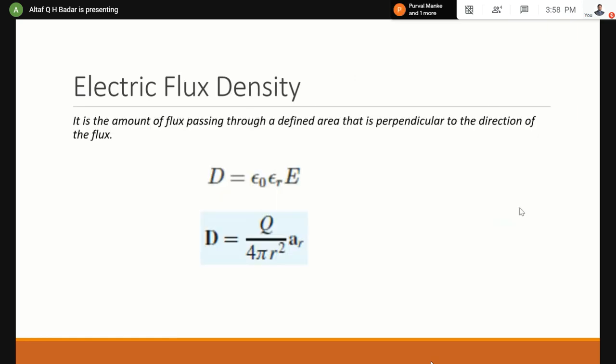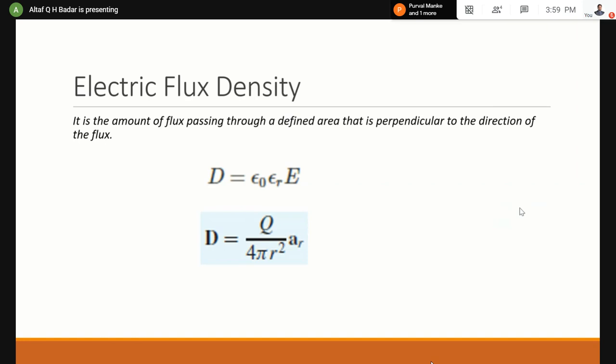And the next topic is electric flux density. Electric flux density is the amount of flux passing through a defined area that is perpendicular to the direction of the flux. Okay? And the formula is given as D equals epsilon naught epsilon R E. If it is in free space, then epsilon R will not be there. If it is in some other medium, then epsilon R will be present.